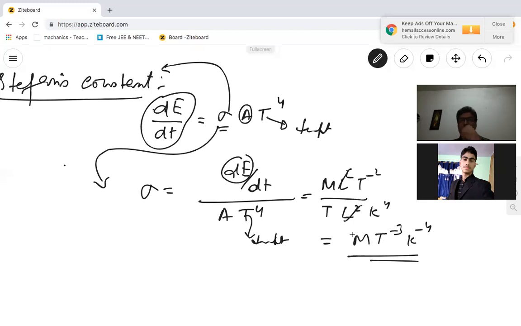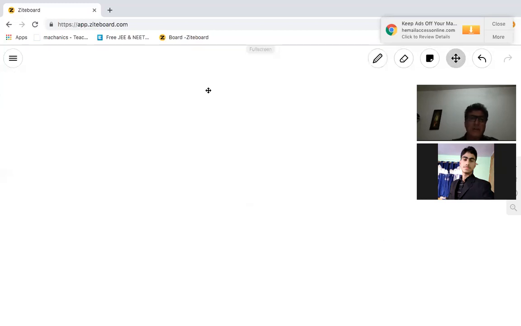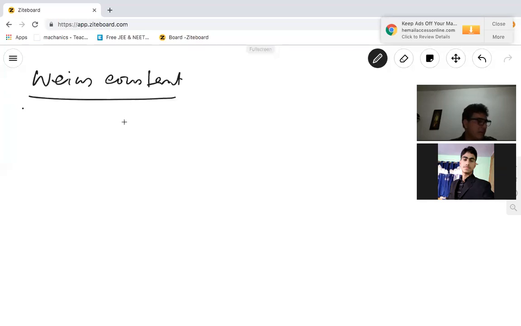Now let me go to Wien's constant. Wien's constant can be put like this, definition. Wien's constant is, you know, the temperature of a body times the wavelength emitted is equal to a constant, that is B, and that is Wien's constant.